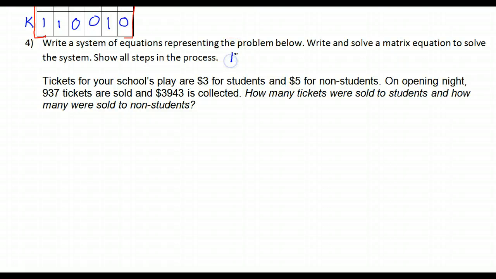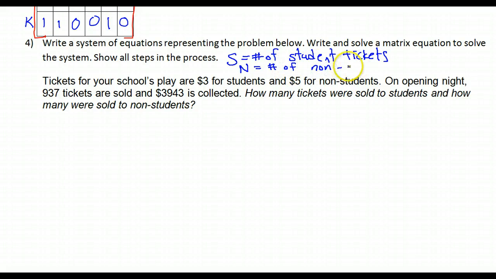So we have students and non-students. We'll let S represent the number of student tickets, and we'll let N represent the number of non-student tickets.